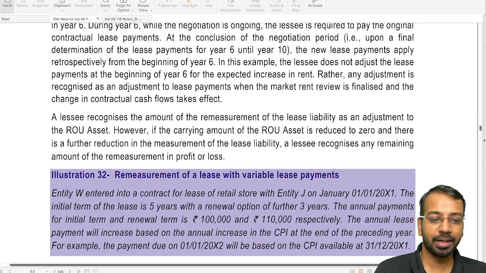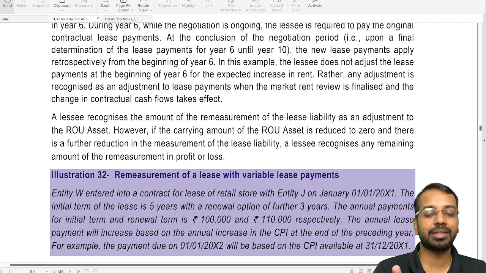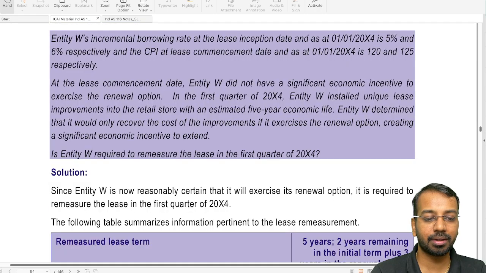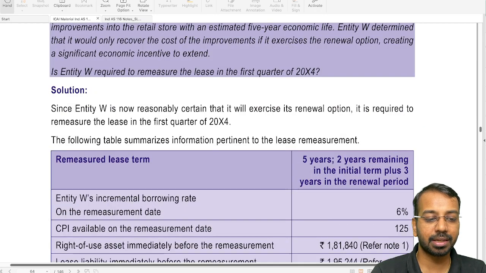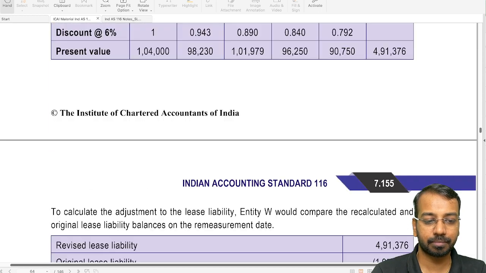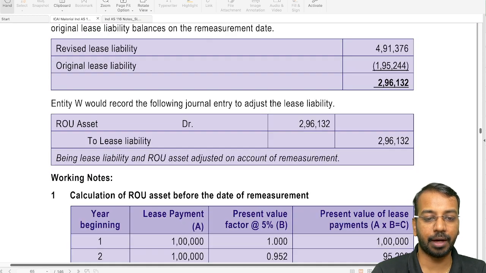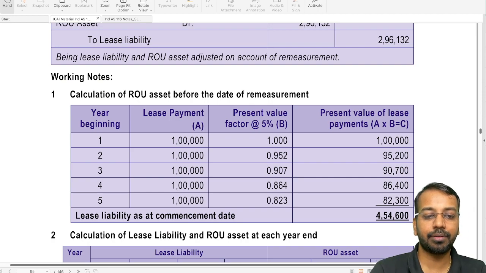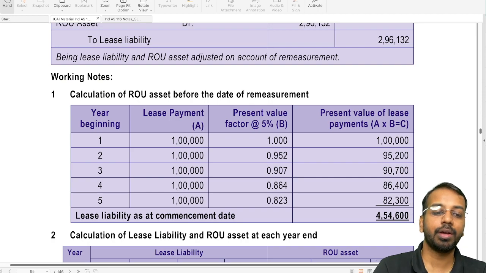So here we are saying the lease term is 5 years. So whenever we calculate the present value, the ROU asset, the way we calculate it, will be for a 5-year period. Why a 5-year period?